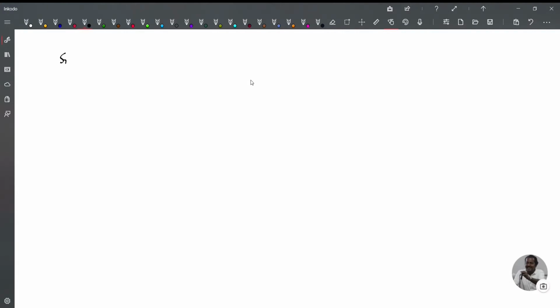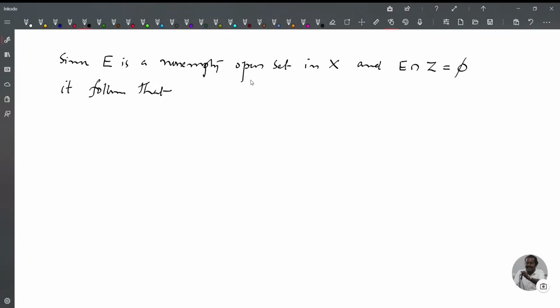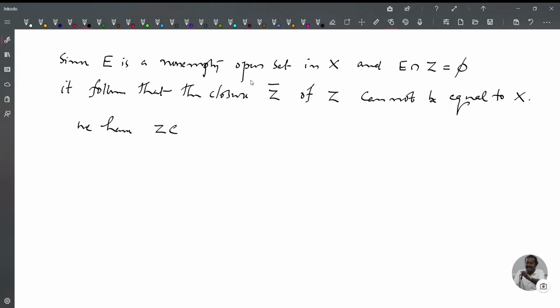Since E is a non-empty open set in X and E intersection Z is equal to phi, it follows that the closure of Z cannot be equal to X. We have Z is contained in closure of Z, that is contained in X, and Z is a hyperspace.